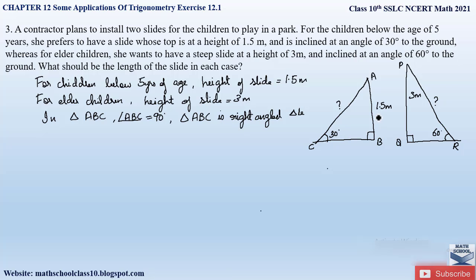The side opposite this acute angle is the perpendicular, the side along is the base and AC is our hypotenuse. So we have to find out the hypotenuse given a perpendicular and acute angle. So let us apply the trigonometric ratios here. To apply the trigonometric ratios, we should know the fractions P by H and B by H.